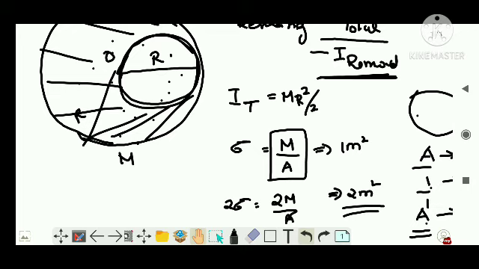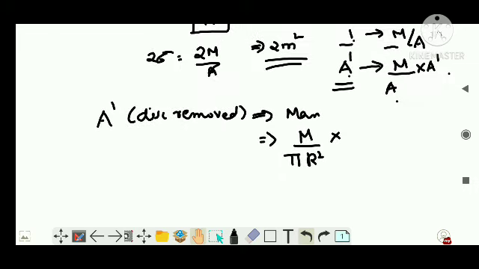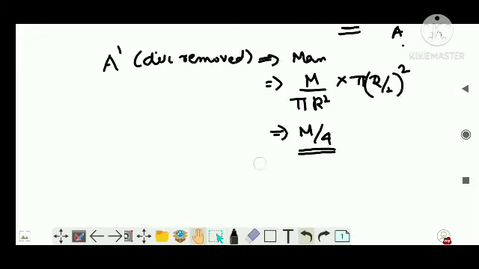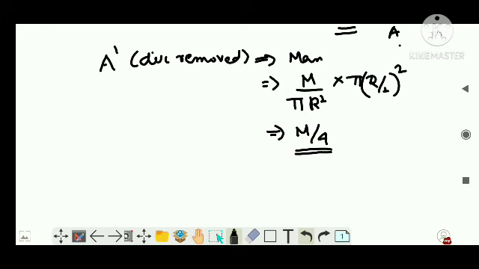Its radius will be r by 2, from here to here it is r by 2. So A dash is pi times r by 2 whole squared. Now by calculation you can find that m by 4 is the mass of the removed disk.